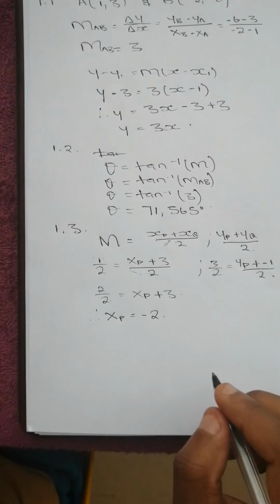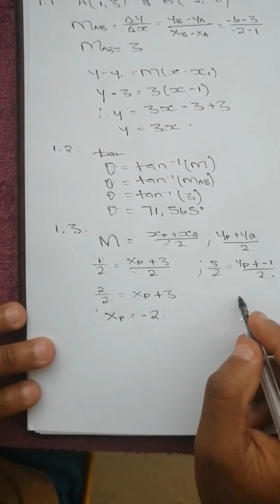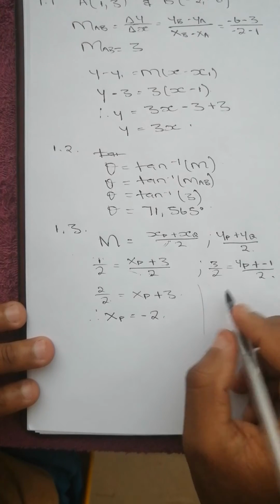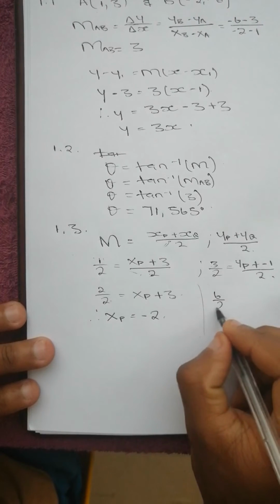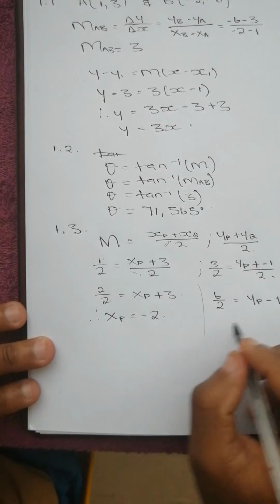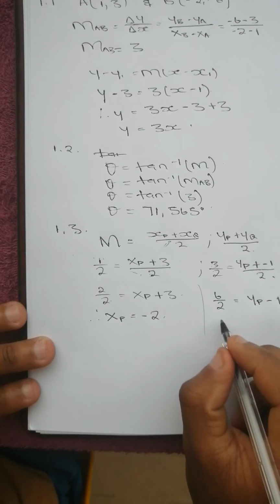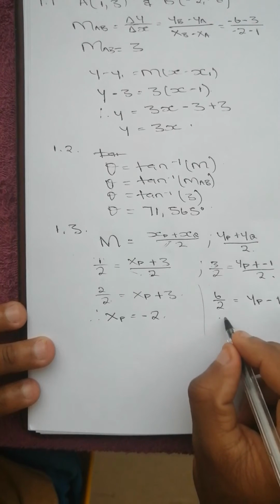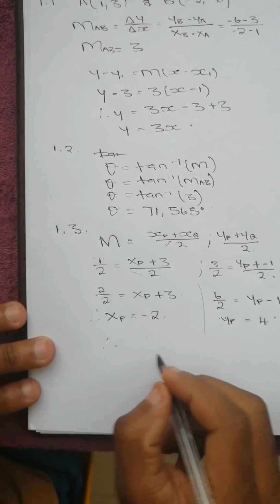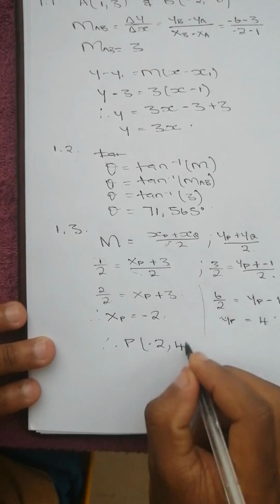And then for y, we're going to do the same cross multiplication. So we're going to have 6 over 2 equals y_P minus 1, and this is 3. Take the 1 to the other side, it becomes 4. So y_P equals 4. Therefore, the point P is (-2, 4).